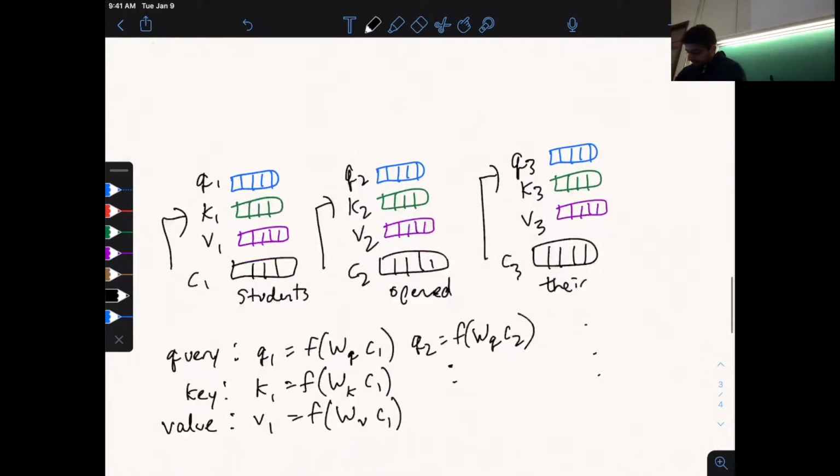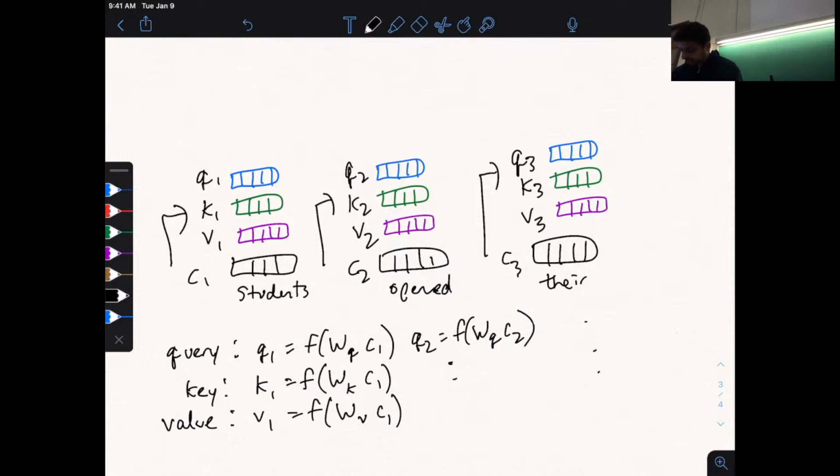So let's provide some intuition first. These two projections, the query and key, are used to compute attention scores.